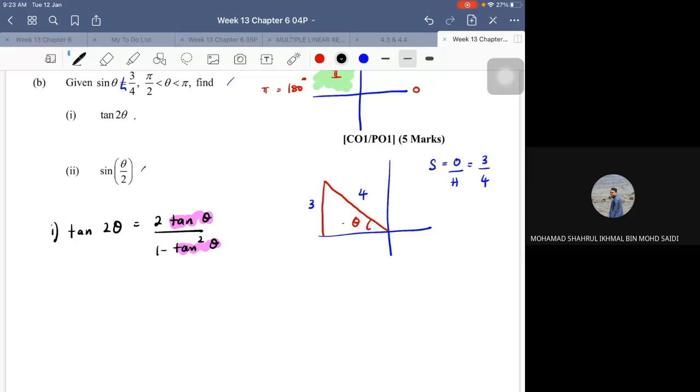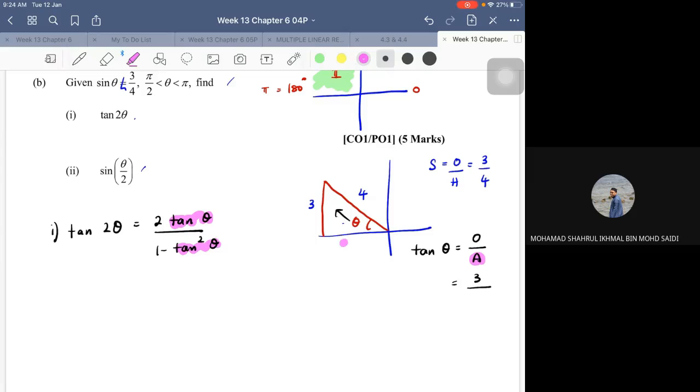So daripada this particular triangle ni, so kita kena cari apa dia tangent theta. And we know what is going to be the rule untuk tangent. Tangent adalah toa. Dia kena cari nilai opposite bahagi dengan nilai adjacent. So nilai opposite tak ada masalah. So opposite kat sini, so kita dah tahu. So nilai dia adalah bersamaan 3. But now the problem is that, so kita tak tahu apa dia nilai adjacent.